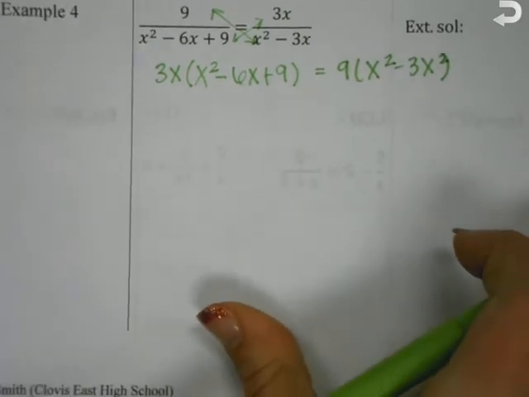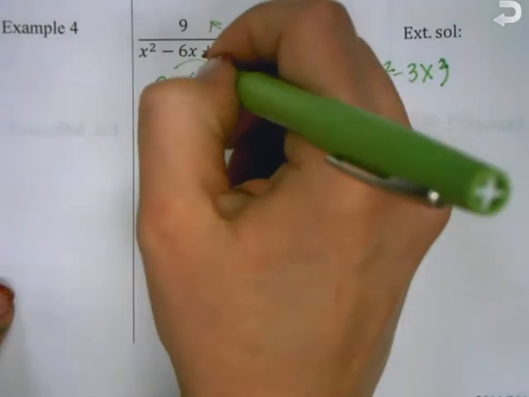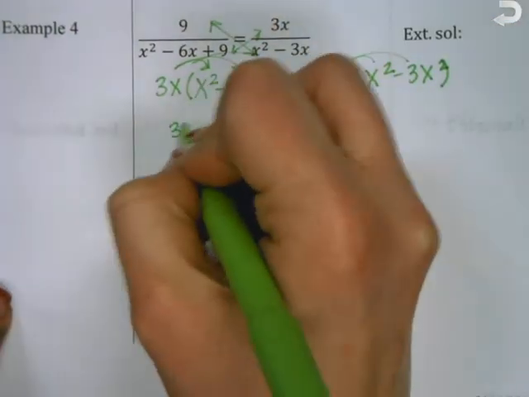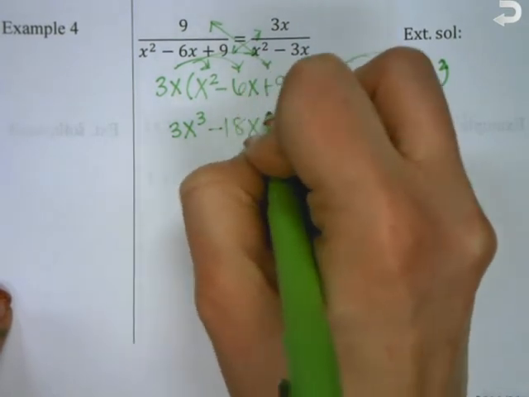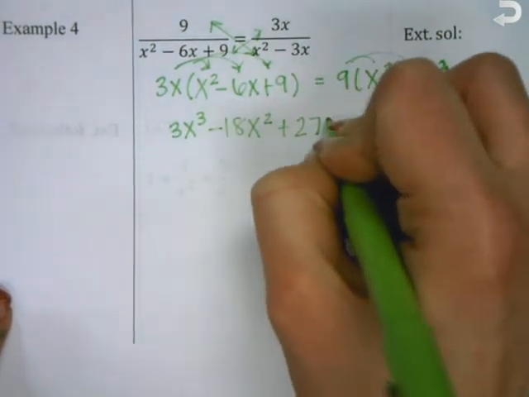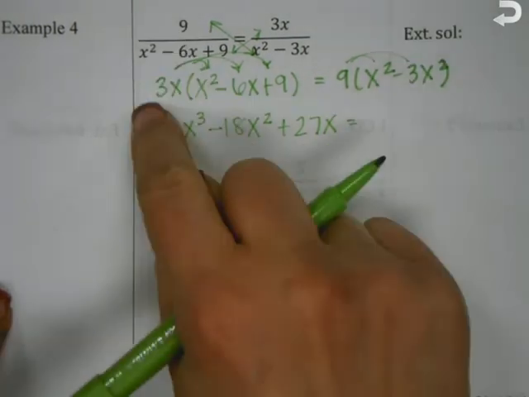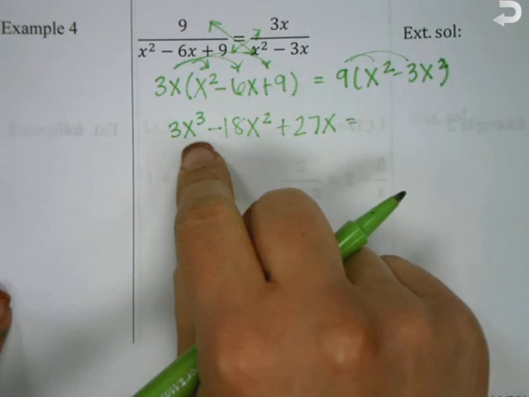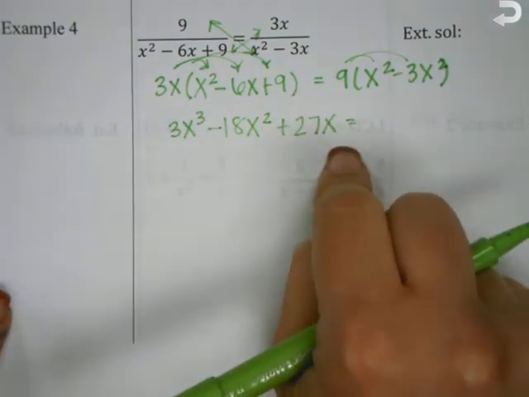So we would get 3x to the third minus 18x squared plus 27x. 3 times 9, 27x. No, on the other side, it's not squared. Oh no, I was accidentally writing a squared. I fixed it. 9x squared minus 27x.